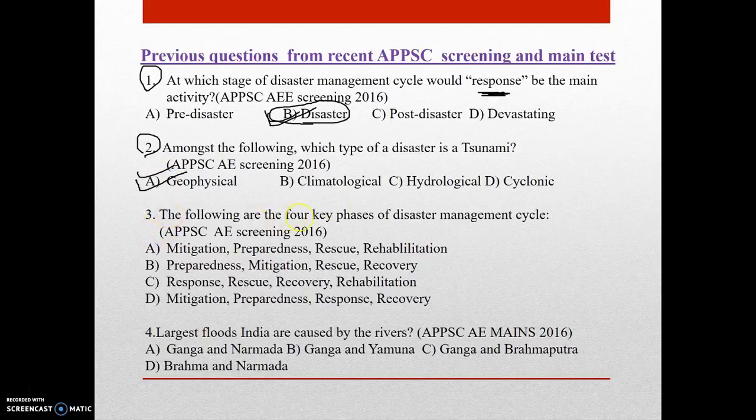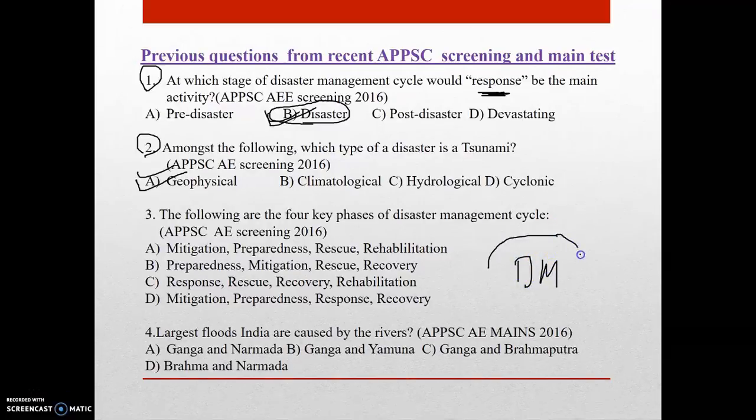The following are the 4 key phases of the disaster management cycle. So what are the 4 keys? This is DM, disaster management. Then this is mitigation. This is preparedness. This is the response stage.